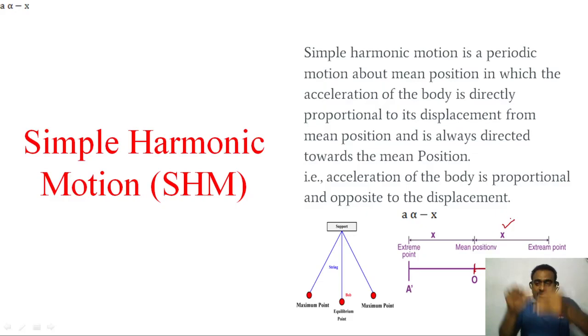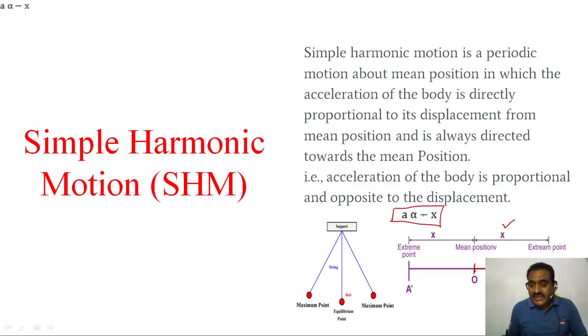The displacement divided by time is velocity. Velocity divided by time is acceleration. The acceleration is directly proportional to displacement and opposite to it, always directed towards the mean position. That is called simple harmonic motion. Just remember this formula: acceleration a is directly proportional to displacement.